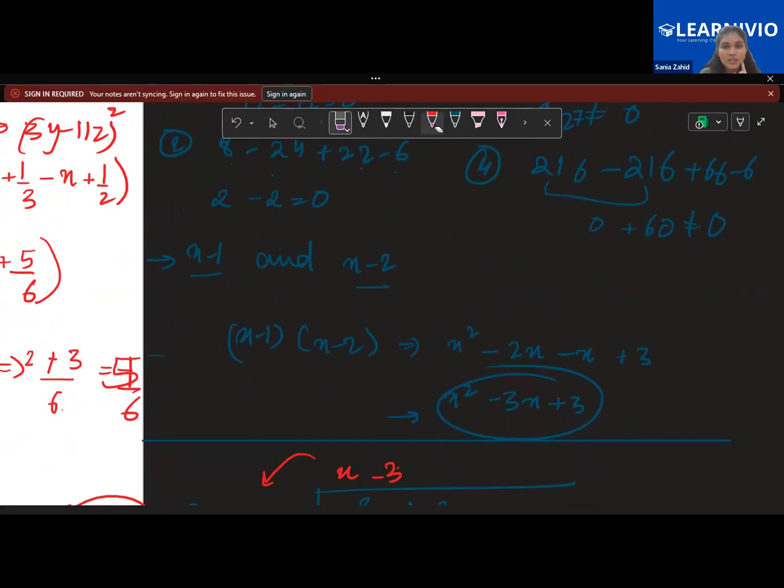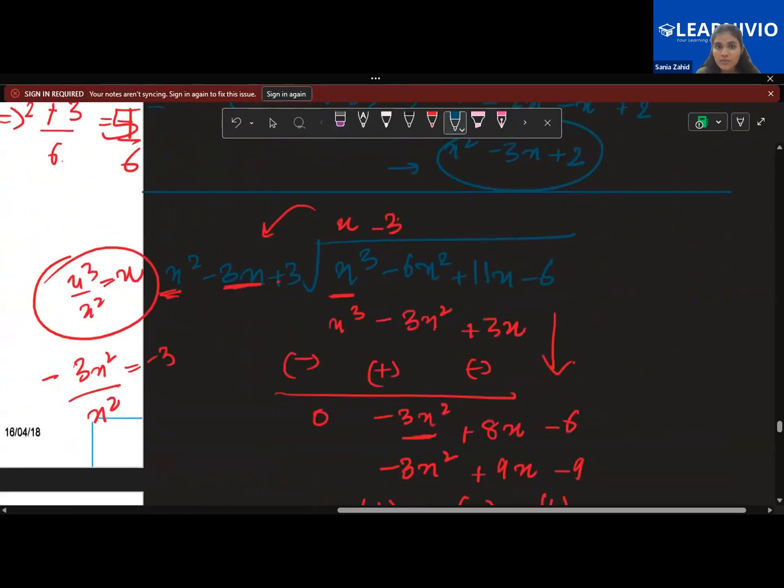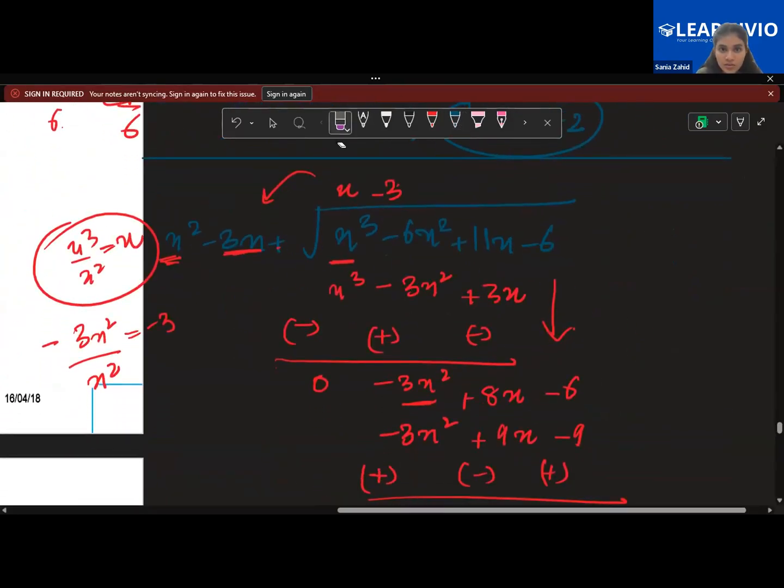Here it should be 2. I mistakenly wrote 3. Please correct this. This equation is not x square minus 3x plus 3. This equation is 2. Okay, children? I'm sorry for the mistake. Please correct it. This is 2.